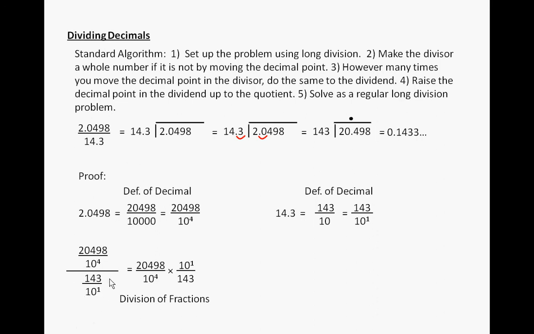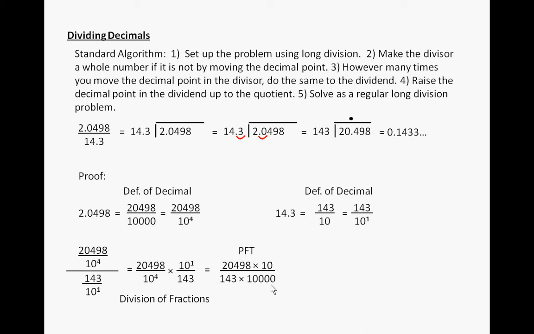So notice how 143 over 10 to the 1st power becomes 10 to the 1st power over 143, and we are multiplying. So using our product formula theorem, we multiply across the numerators and multiply the denominators.